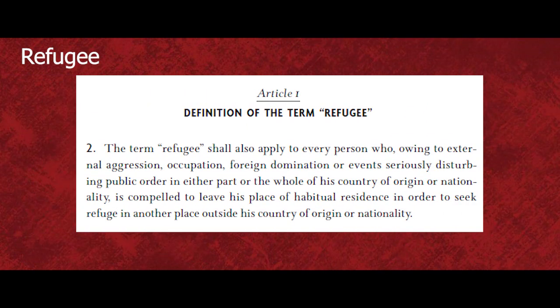This includes people who, owing to external aggression, occupation, foreign domination, or events seriously disturbing public order, are compelled to leave their place of habitual residence in order to seek refuge in another place outside their country of origin or nationality.